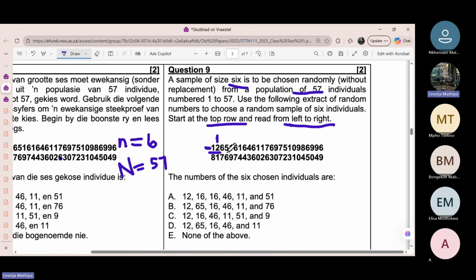Then the second number? 16. Second one. Then the third number? 46. And then the fourth number? 11, which is this one here.